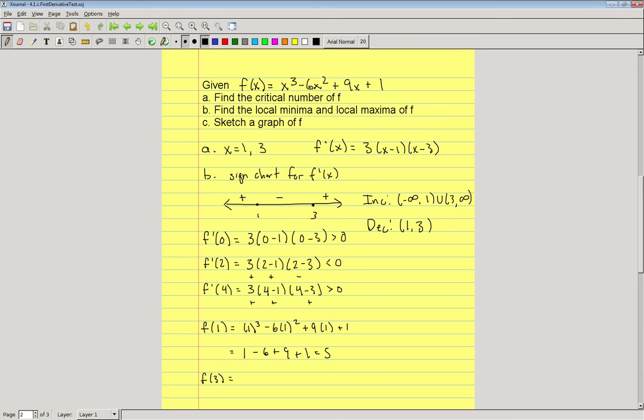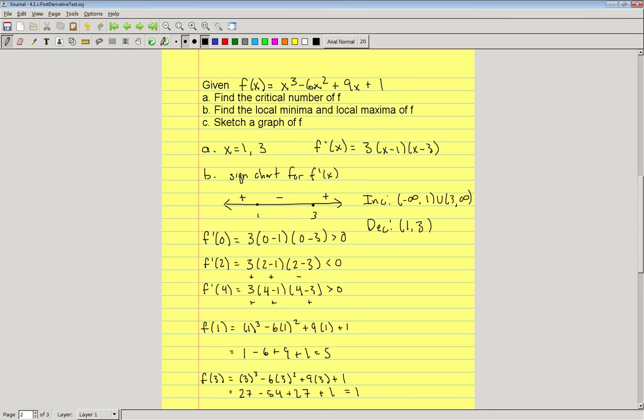And we're going to get 3 cubed minus 6 times 3 squared plus 9 times 3 plus 1. So we're going to get 27 minus 54 plus 27 plus 1, which is equal to 1.